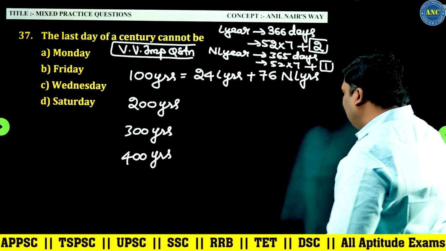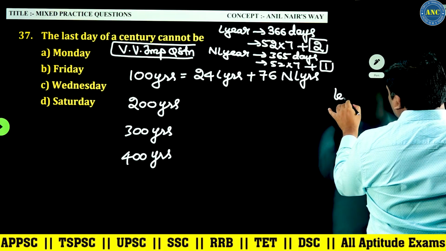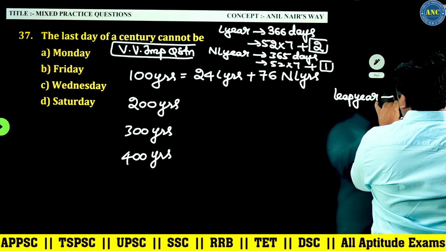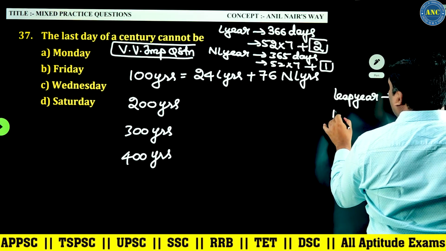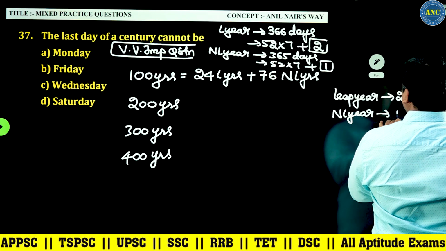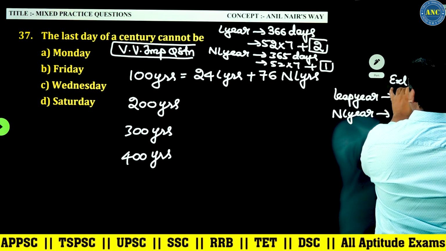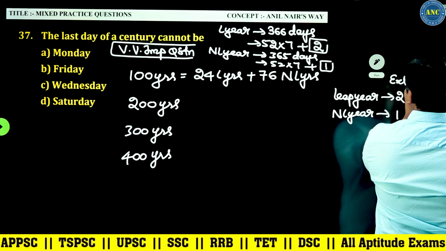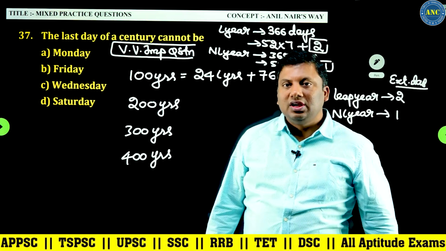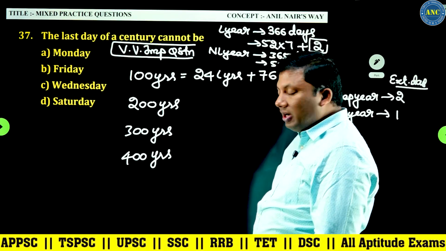This concept is clear. That means a leap year has 2 extra days, and a non-leap year has 1 extra day. Is this point clear to you?